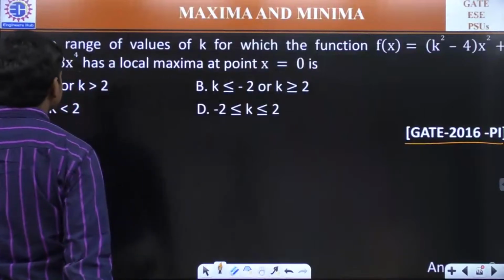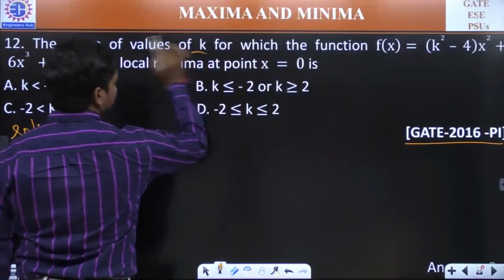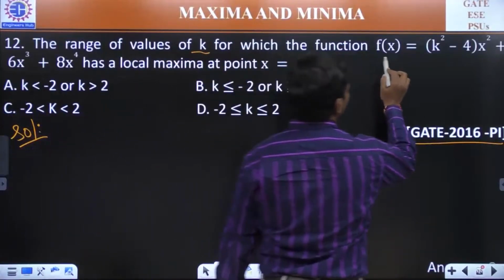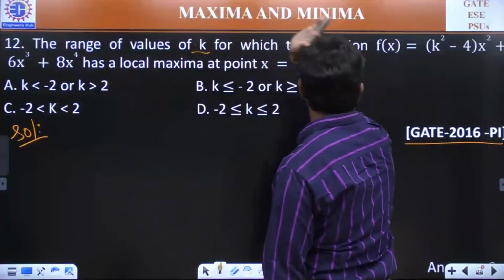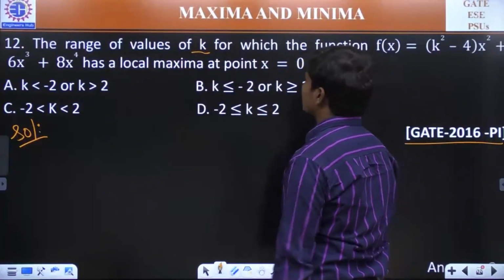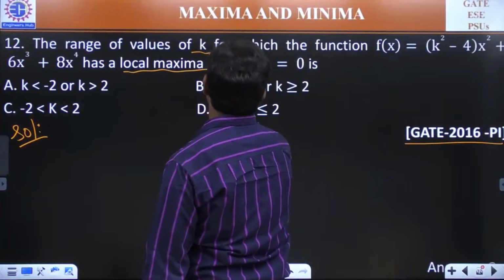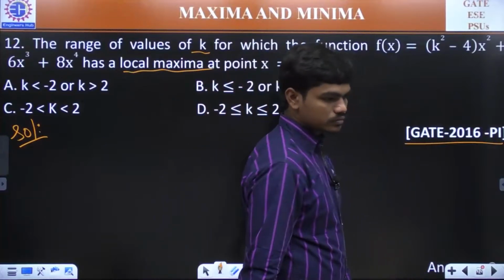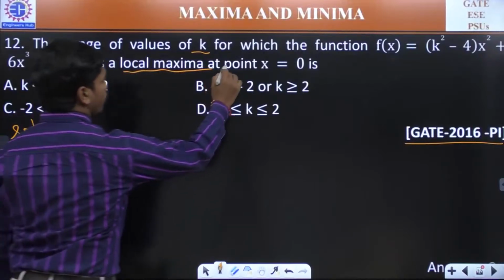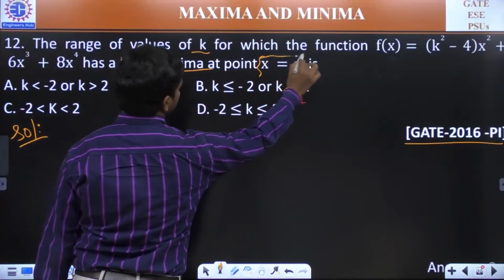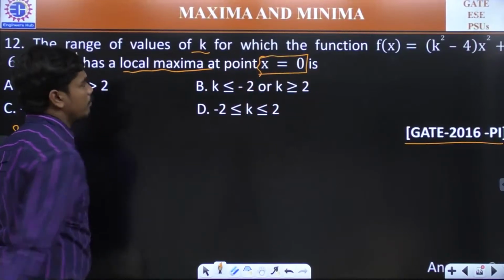So please try to answer this. The range of values of k for which the function f of x equals (k square minus 4)x square plus 6x cube plus 8x power 4 has a local minima at the point x equals 0. So the point is also given at x equals 0. This function has to be minimum.